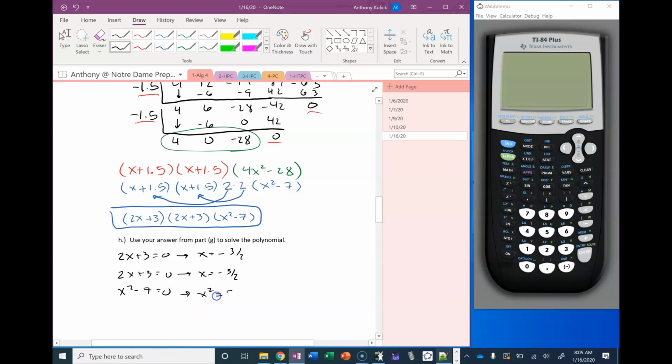Here, I'd add 7 to both sides and then square root both sides. So that gives me plus or minus square root 7. And if you try to do the square root of 7, you get like 2.6-ish or something, 2.7, something in that neck of the woods. So that was the decimal that we were seeing.